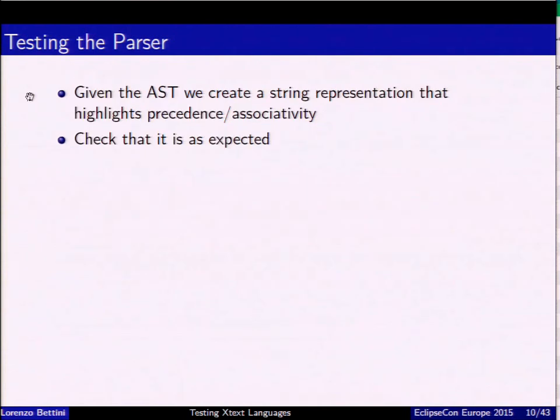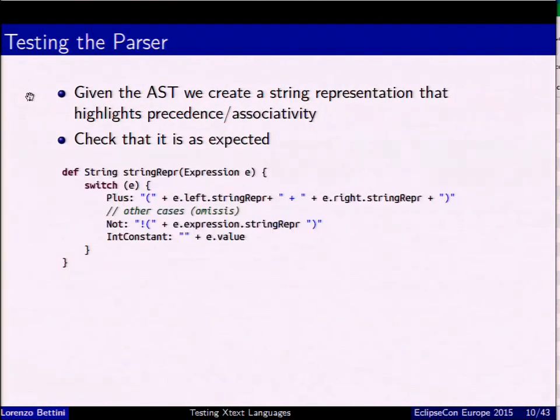What can we do? Given an AST, we can give a string representation that somehow highlights the precedence and the associativity. And then we check that this representation is as expected. We can do that with a method which translates each AST element with parentheses, which highlight the associativity.